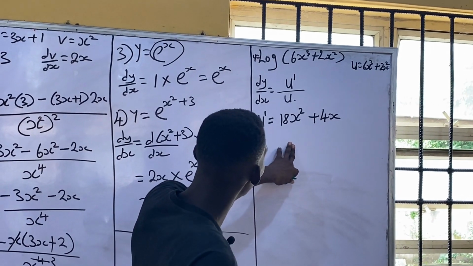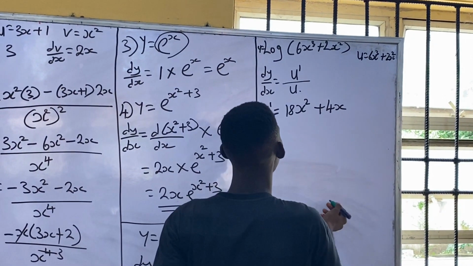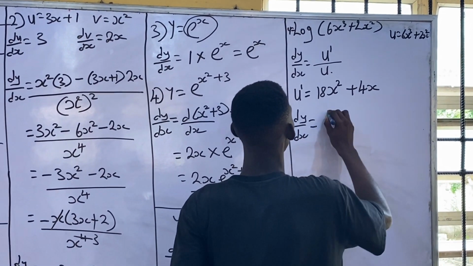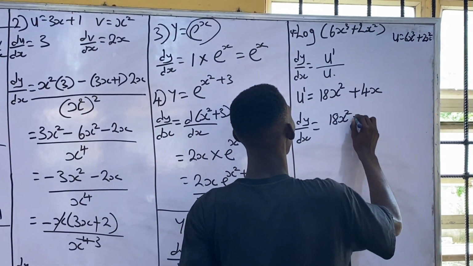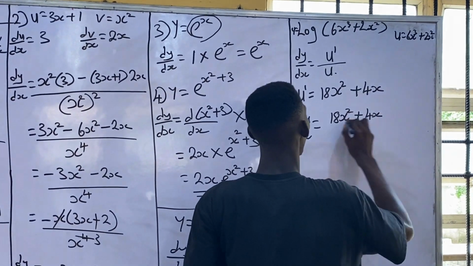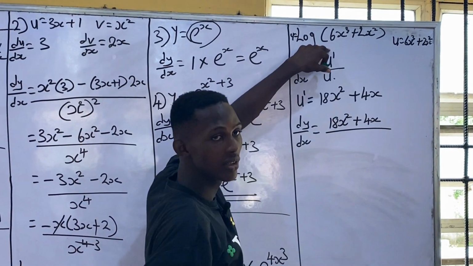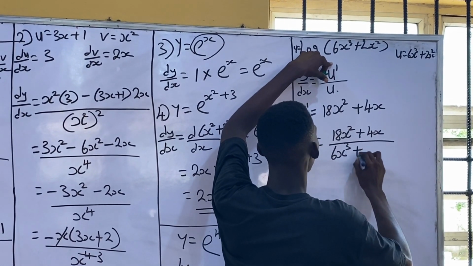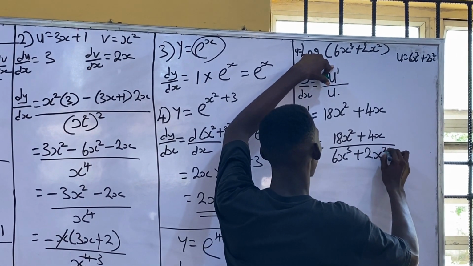Since you have gotten this, we can now safely say that our dy over dx is equal to 18x squared plus 4x over the whole of this, which is 6x cubed plus 2x squared.